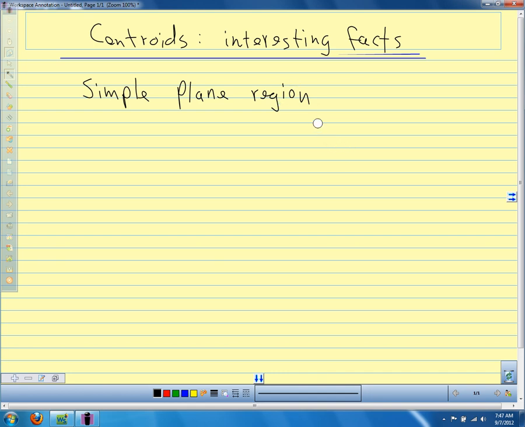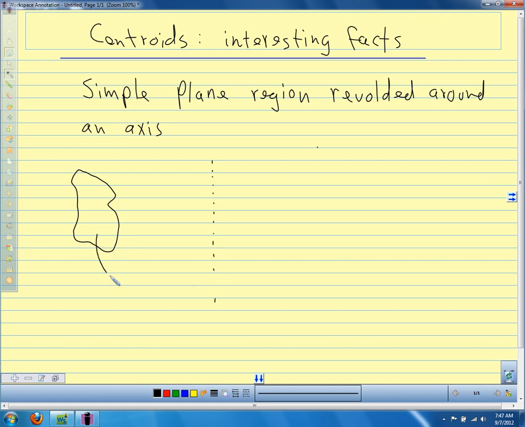And we're going to revolve this simple plane region around an axis. So we have some kind of shape, some kind of planar region, and we're going to revolve it around this axis.